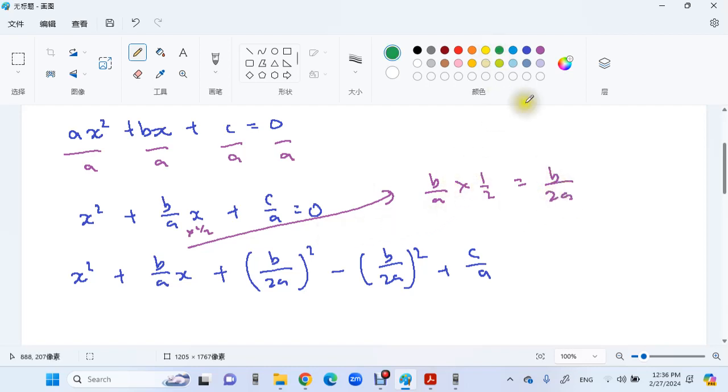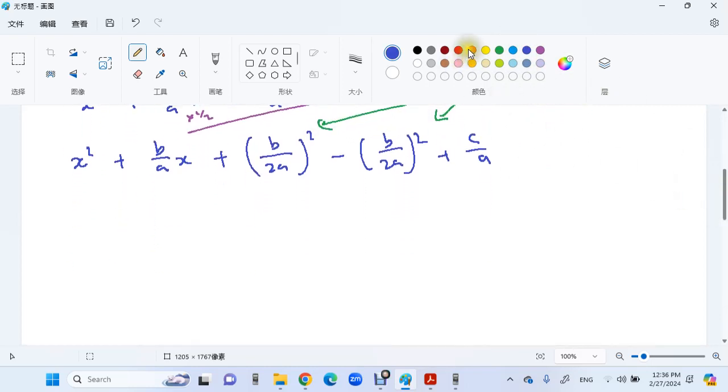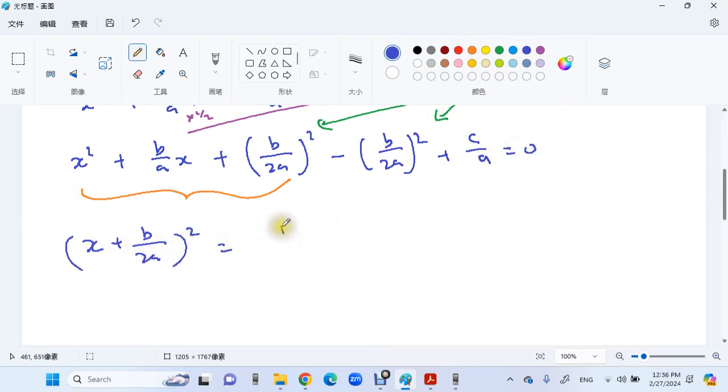So the b over 2a here is actually this and this. For these three terms, we combine, and we will have x plus b over 2a squared is equal to b over 2a squared minus c over a.